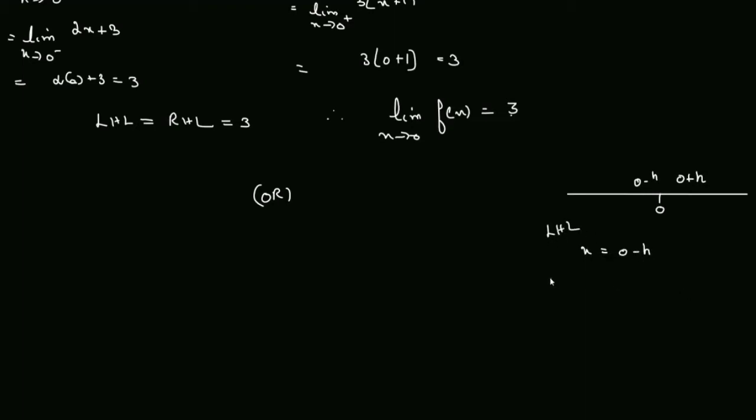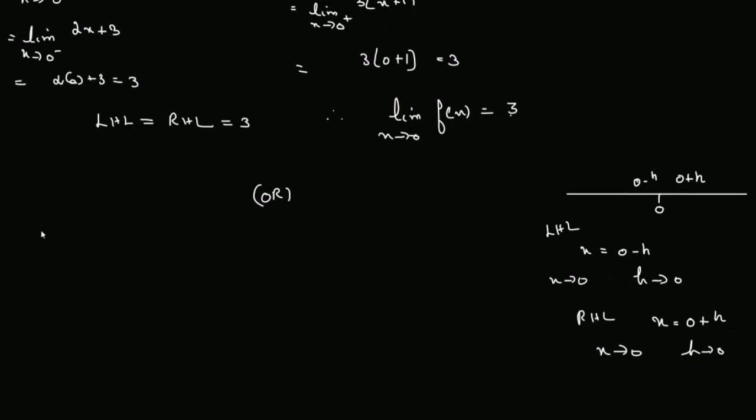When x approaches 0, what happens to h? h will approach 0. Similarly for the right hand limit, when you put x is equal to 0 plus h, when x tends to 0, h tends to 0.